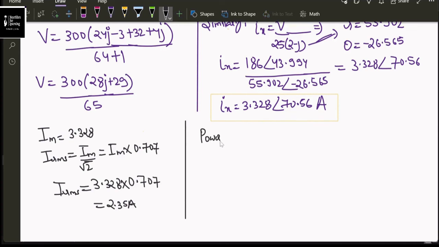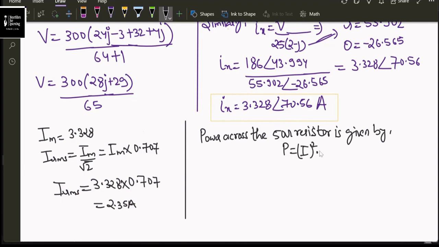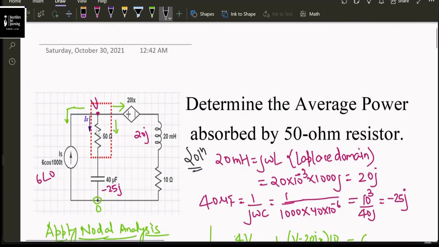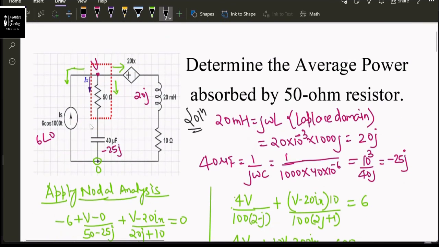So now we need to determine the power across the 50 ohm resistor, which is given by P is equal to I square into R. From the given question we have seen the current across the 50 ohm resistor is Ix.